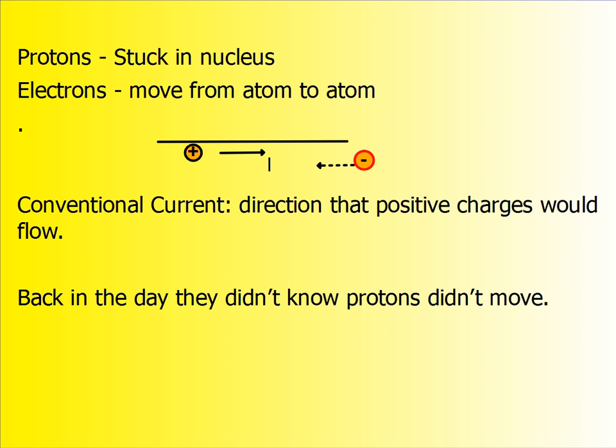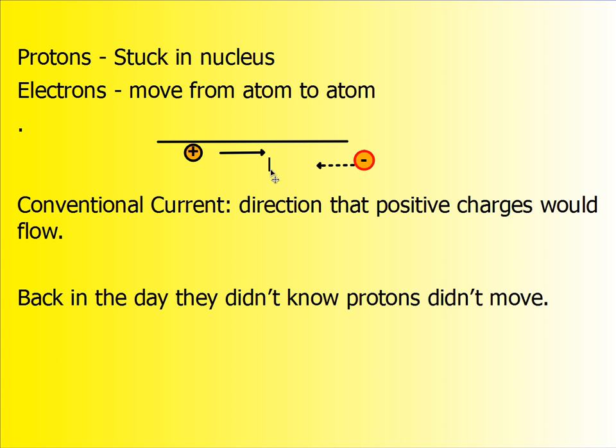Let's just use amps. Remember, protons are stuck in the nucleus. Electrons are what move from atom to atom. Conventional current is set up by the direction that a positive charge would move.